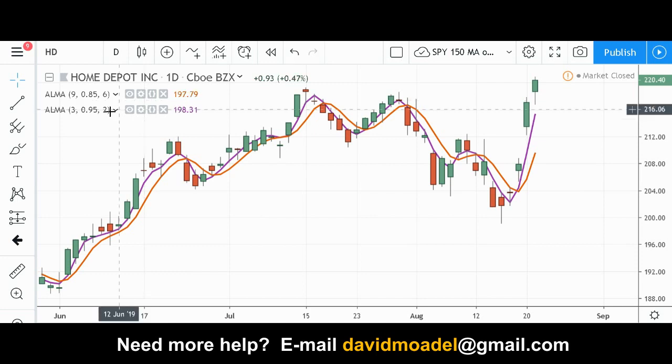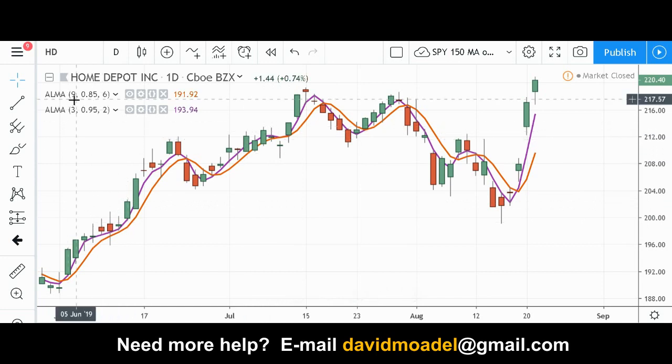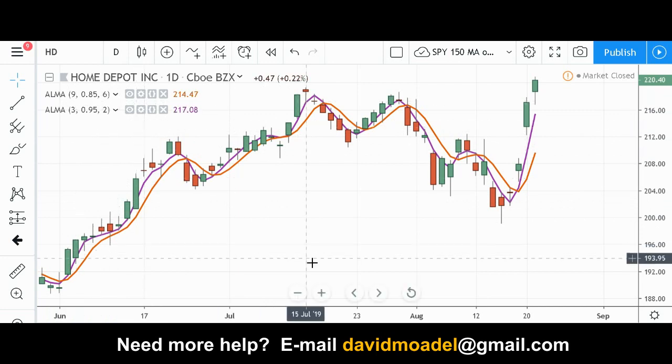And I want to explain really quickly what these three numbers for the settings mean. And also I'll show you how you can find it on TradingView. But you got three numbers here for the ALMA indicator: window size, offset, and sigma.